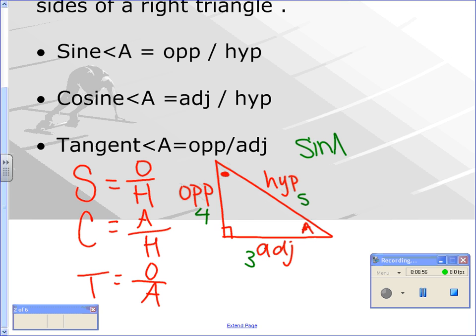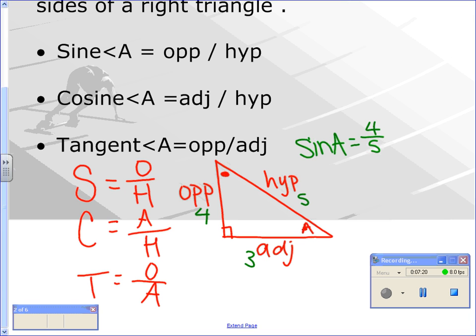The sine of the angle would be 4 over 5. We'll get there. Does that make sense? The opposite is this one, which is 4, and the hypotenuse is 5. 4 divided by 5. Leave it as a fraction. Don't make it a decimal, okay?